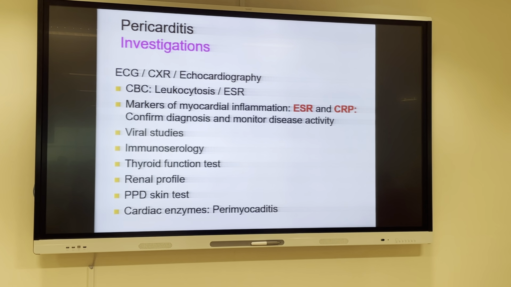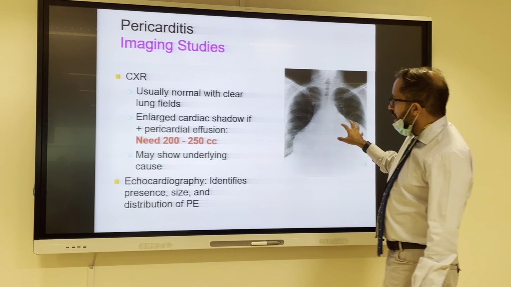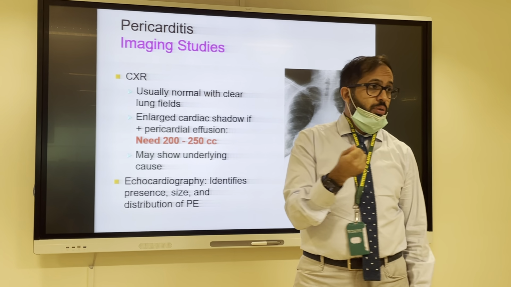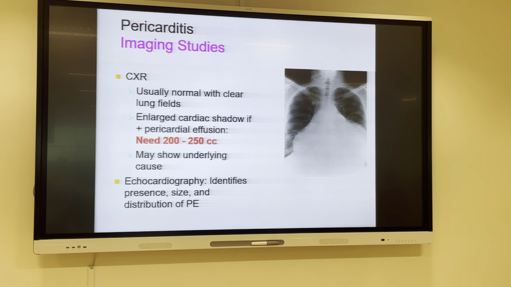Look for signs of inflammation. You can have pericardial effusion, a large heart on chest X-ray. For you to see it, you'll probably need 200 cc's of effusion.